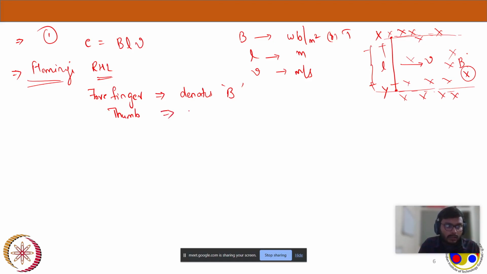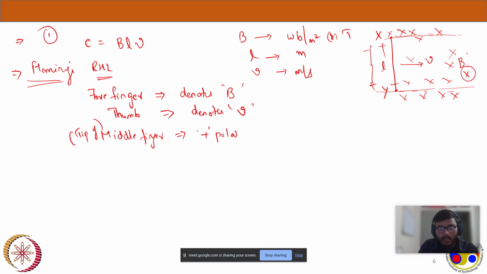We can say thumb denotes direction of velocity, and then with your middle finger, precisely, the tip of the middle finger will give you the positive polarity of voltage.